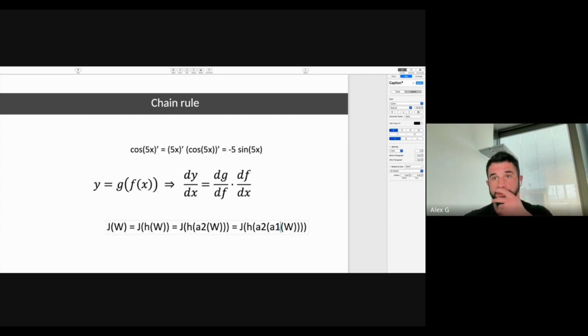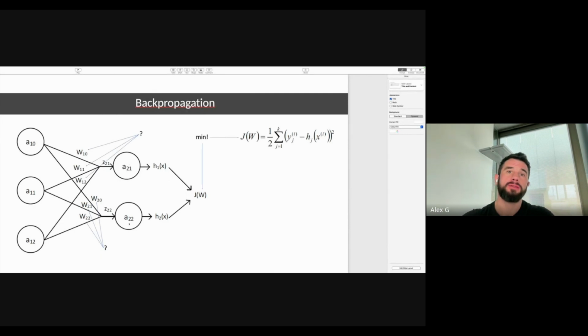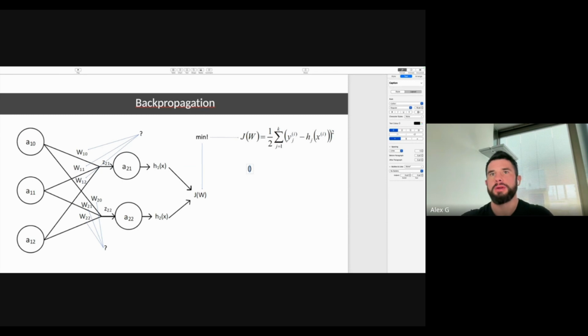What's important is that we calculated that it is 300. Remember? In this fake example, I said it will be 300 and 500, and the true label is 800, and we subtracted. It was a square. My bad.